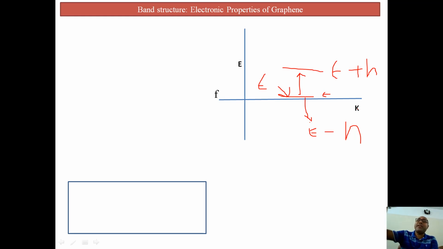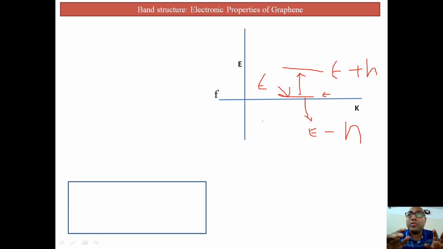Whatever states appear up, the same amount of states appear below. So F and k both are passing between epsilon plus h and epsilon minus h.